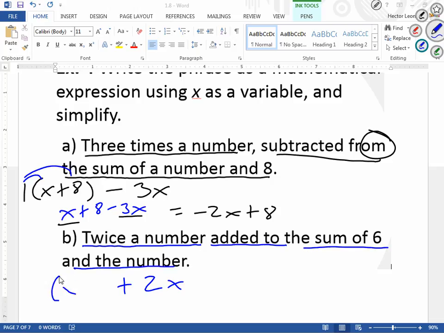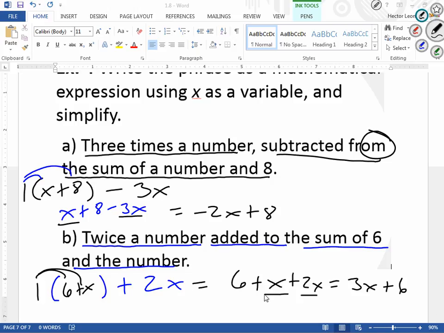So we're going to add it to the sum of 6 and a number. Okay, so let me multiply the 1 outside of the parentheses to the inside. 1 times 6, 1 times x, plus 2x. I'm just going to end up calling this 3x plus 6. I combined my x's. 1 plus 2 gave me 3.